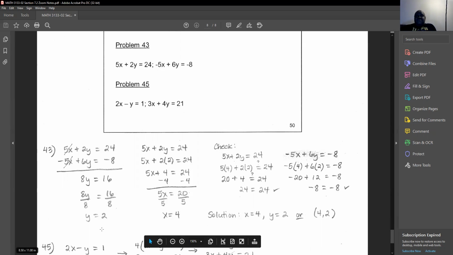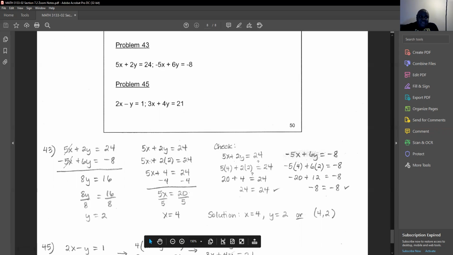So that's what y is equal to, but I have to find out what x is equal to. Now I can use the first equation or the second equation. I'm going to use the first equation. 5x plus 2y is equal to 24. And I'm going to substitute that y with the 2.